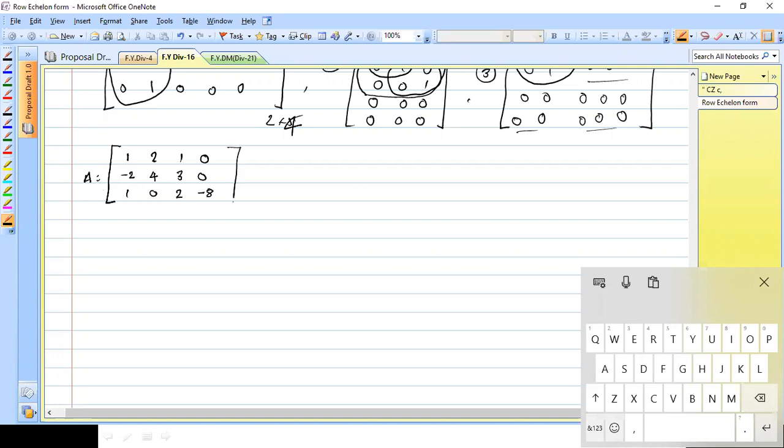Yes, sir. Okay, so now the question is: convert in normal form and find rank. Am I correct? Like that only. Okay. So find rank by using normal form, or convert in normal form and find rank.